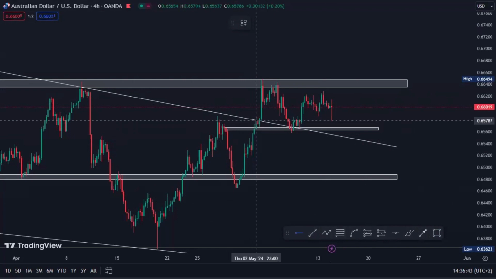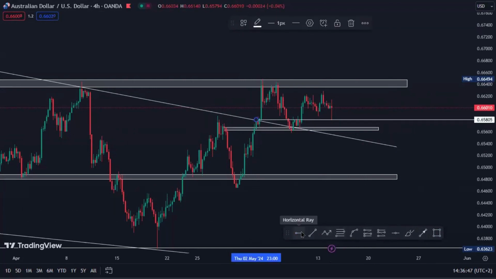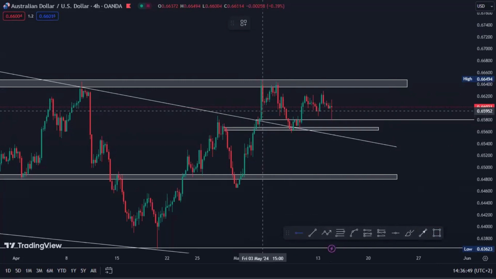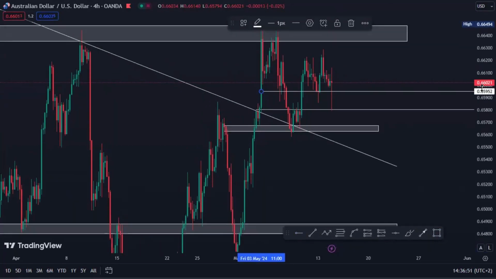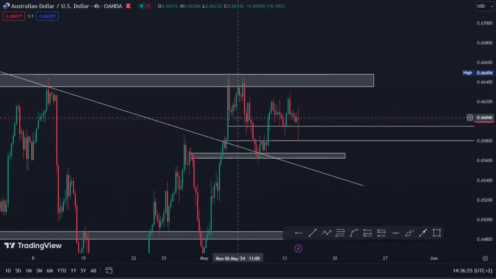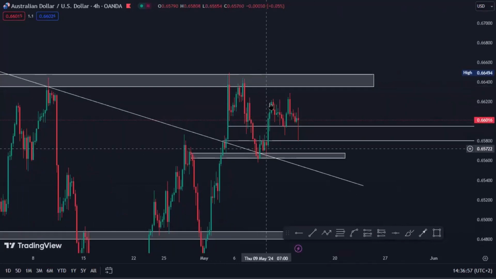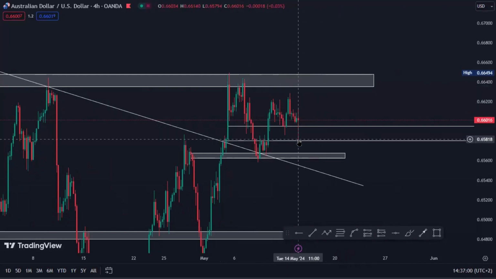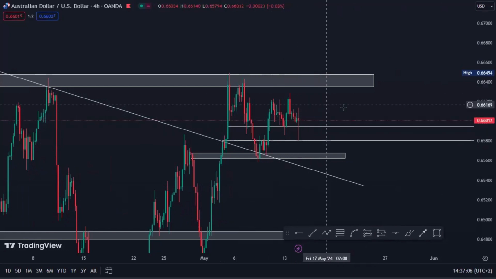Yeah. All right. And I also have this area here. If you can check closely, we have this rejection here. The market bounced, came back, retested, went up. So the market went down to retest this level. Now it's back into this area, all right?